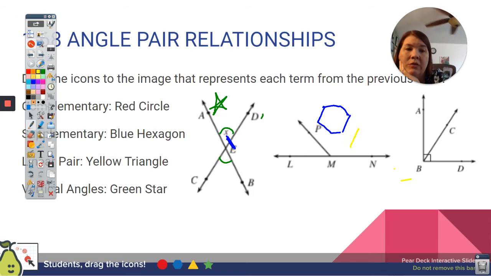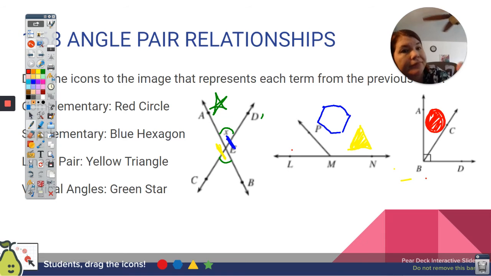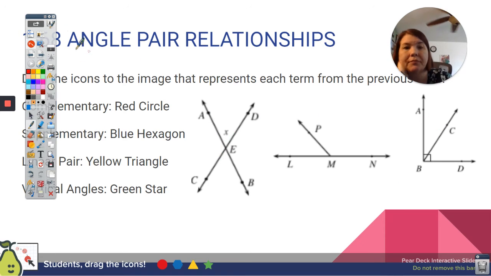Again, this is the one designed to be the yellow triangle, but these 2 angles over here are also, so I can put it in more than one place. Those are the only 2 that can go in more than one place. Complementary is my red circle, and that's this one because it makes a right angle. It's the only place the red circle can go, only place the green star can go. These 2 can be in either. So drag away. All right, moving on.